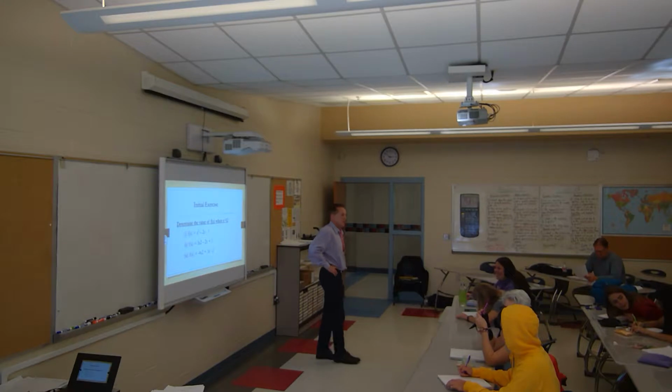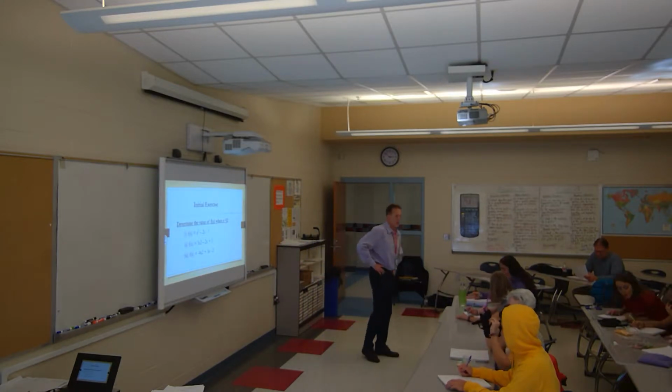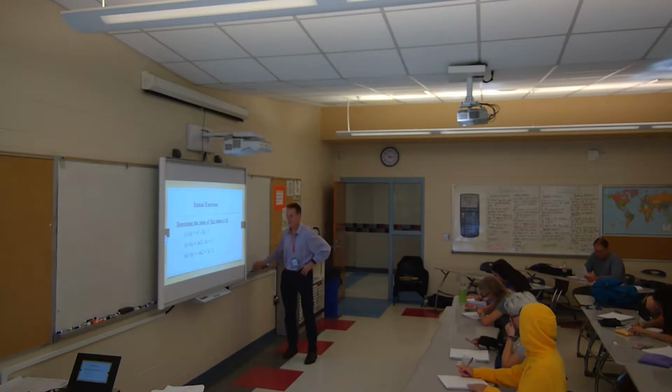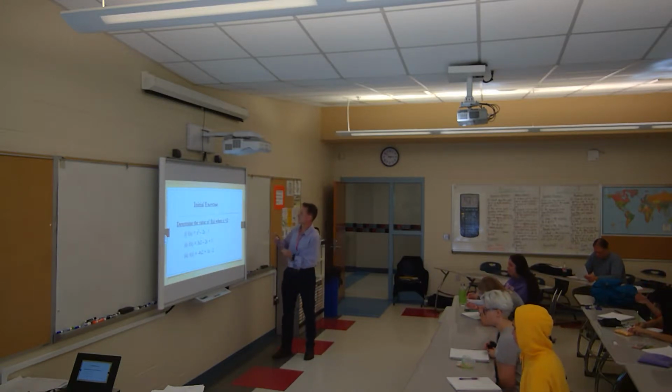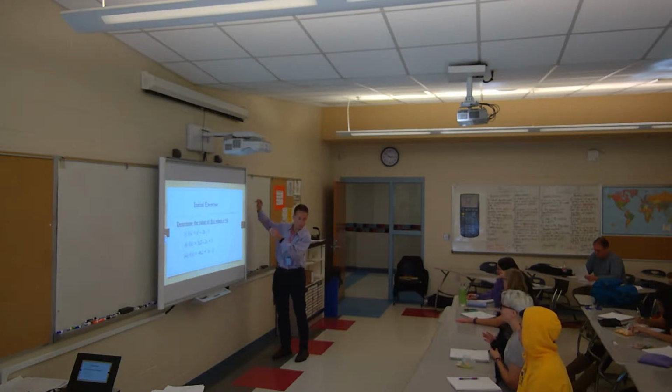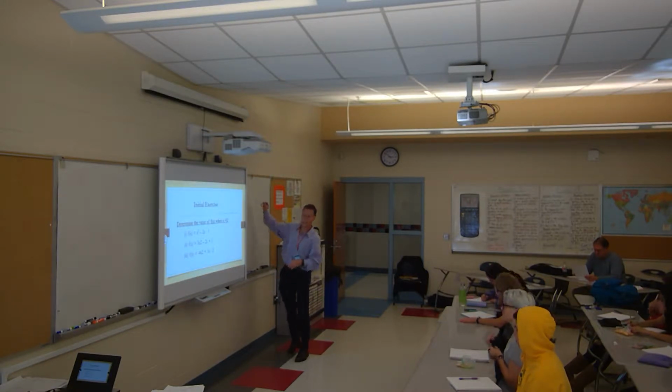Just to make sure everything's going all right, guys. Isabella, how did you do the first one? I plugged in all the x's. So you plugged in what value for x? 2. Okay, so what'd you do with this x squared here?